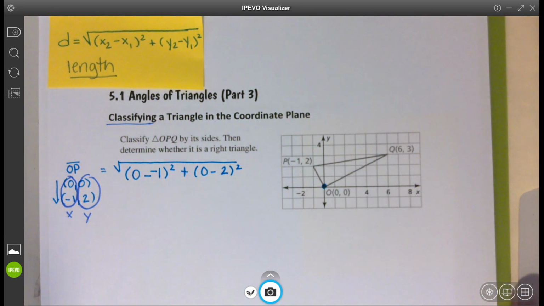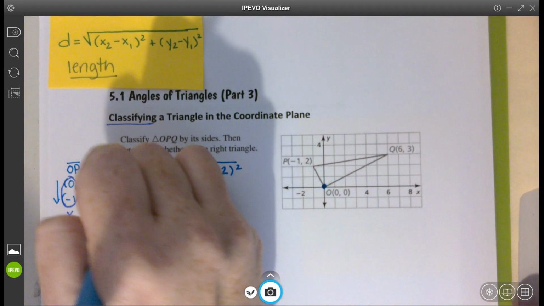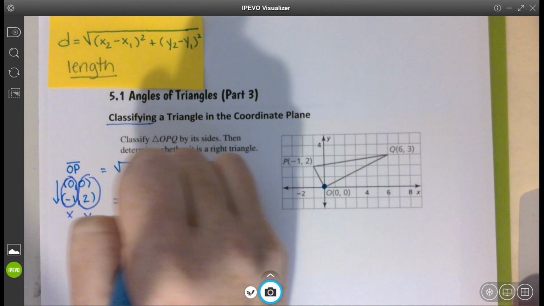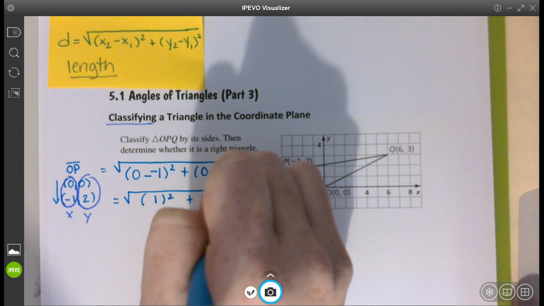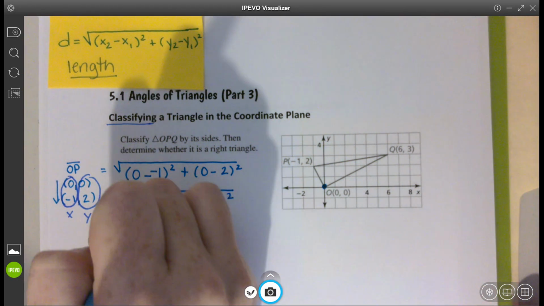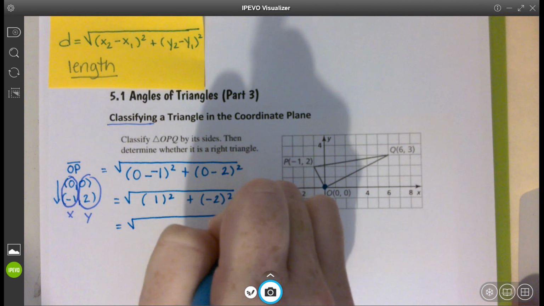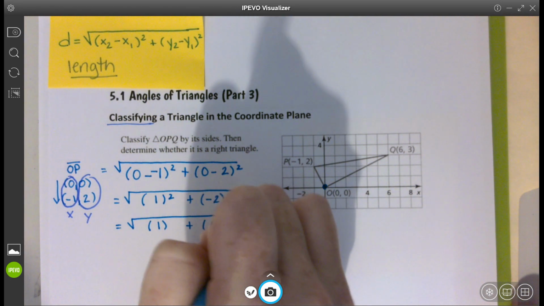We're going to clean up the inside of our distance formula. So here we still have that square root. And now I have 1 squared plus -2 squared. I'm going to square each term inside. So here I have 1 and 4.